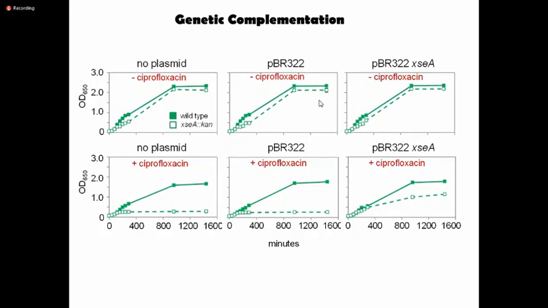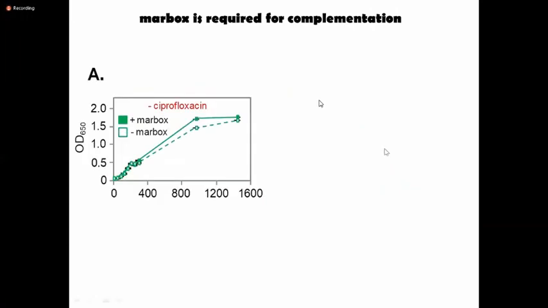Now I wanted to show you that this XSEA gene, because it has got a Marbox, is why MARE was binding. So we wanted to see whether this effect is crucially dependent on the Marbox. So we have deleted the Marbox on the gene and tried the growth assays again. In here, the solid bar is when the Marbox is intact, and the open bar or dashed line shows when the Marbox is deleted.